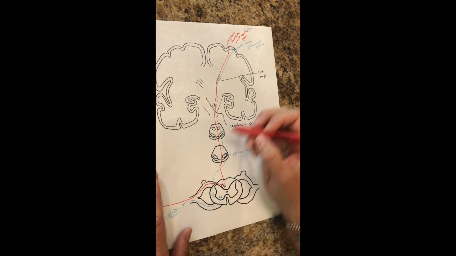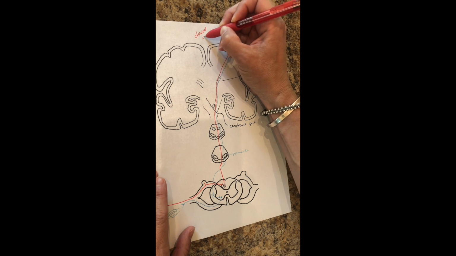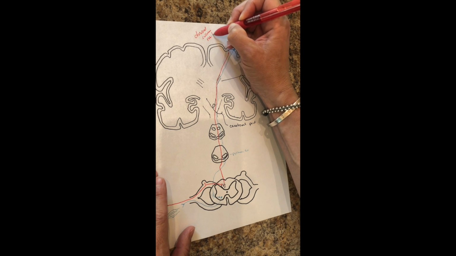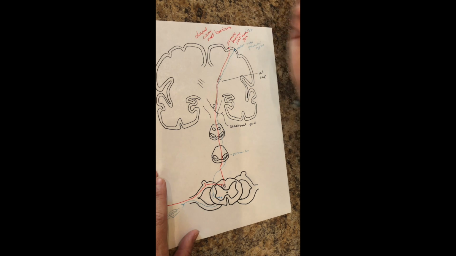So this is called your dorsal column medial lemniscus system.